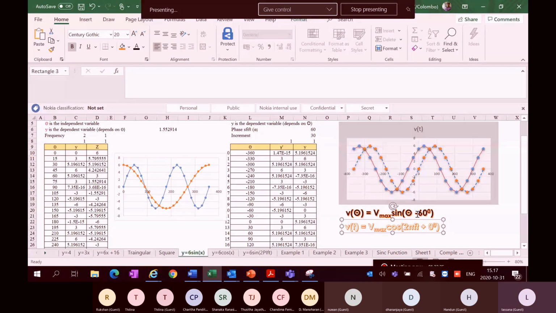Those are the things which I wanted to explain through this Excel simulation. This is also a kind of simulation, but a very fundamental one.